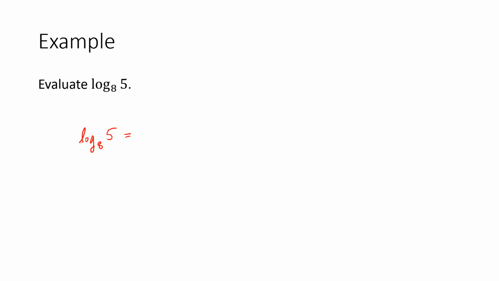So log base 8 of 5 I can write as ln of 5 over ln of 8. And now I can simply type that into my calculator. My calculator, of course, has ln of 5, and then I'll divide by ln of 8. That gives me something around 0.7739.